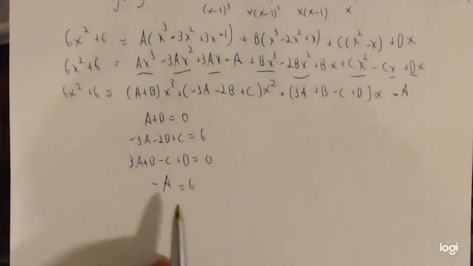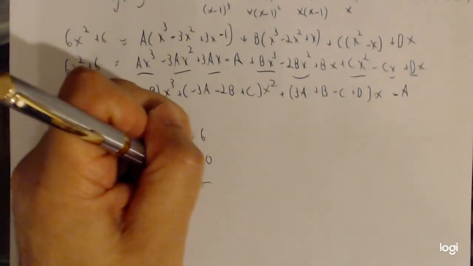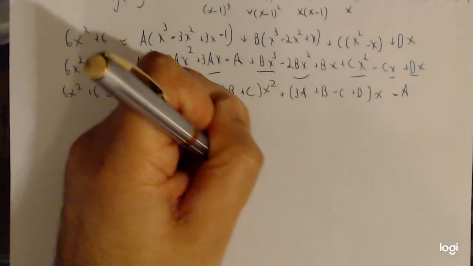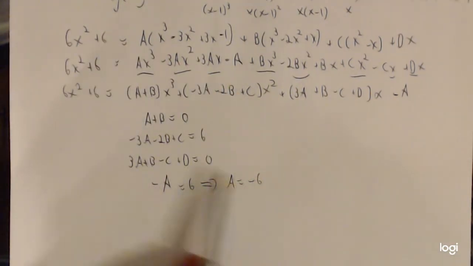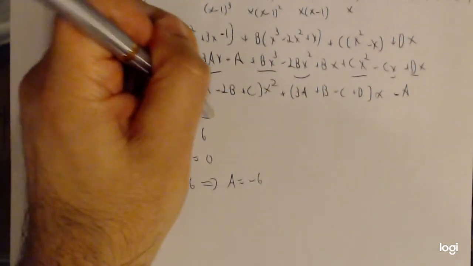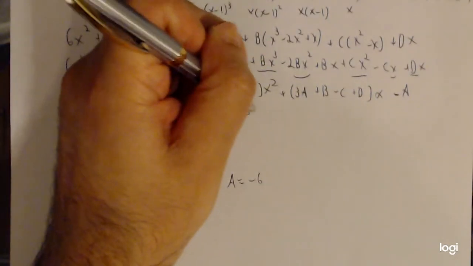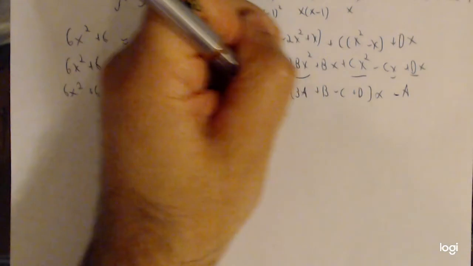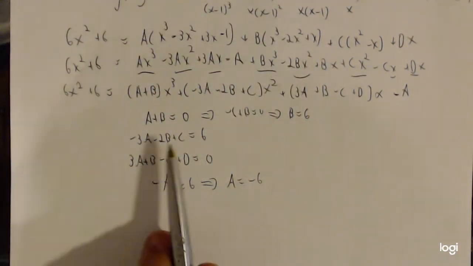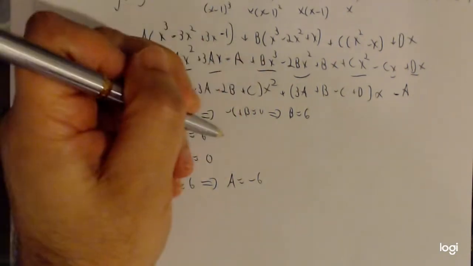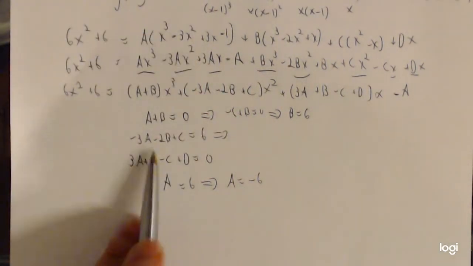Now what's the good news? We get a for free, right? So what does that mean? A equals negative 6. And if we get a for free, then we pretty much get b also, don't we? Because if a is negative 6, what does that mean? Negative 6 plus b equals 0, which means b is 6. And if b is 6, what we notice here, which is beautiful, we get c for free, right? Because what do we have?